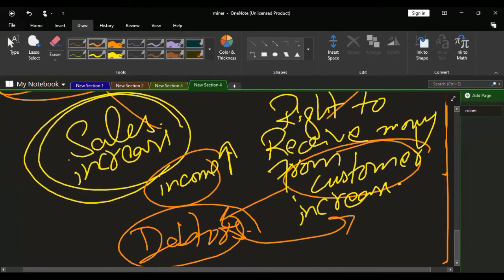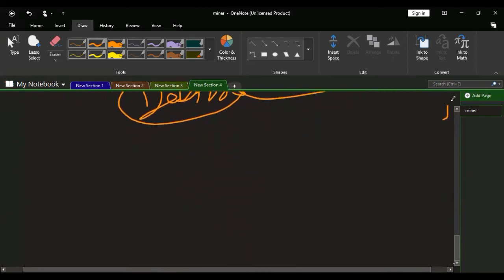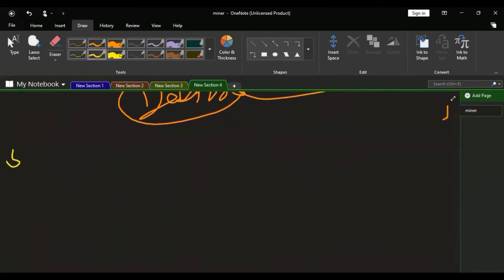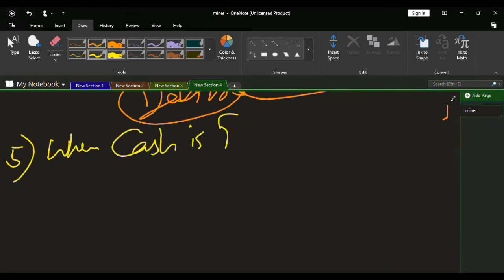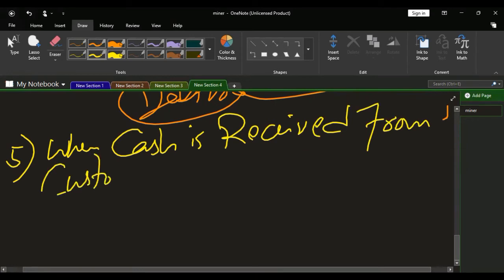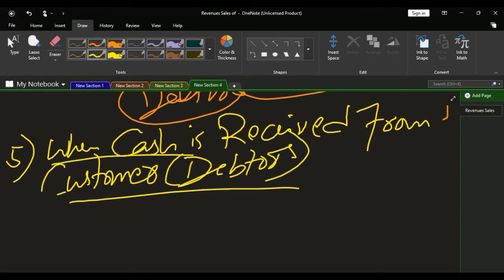So we have already studied four different business transactions. Now we are going to discuss the fifth one, that is when cash is received from a debtor or customer. So here two things will be affected.